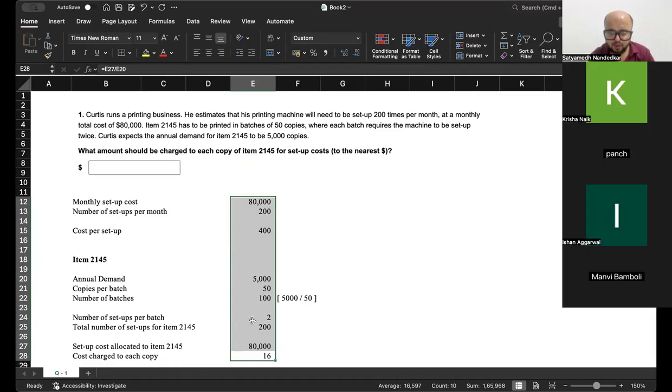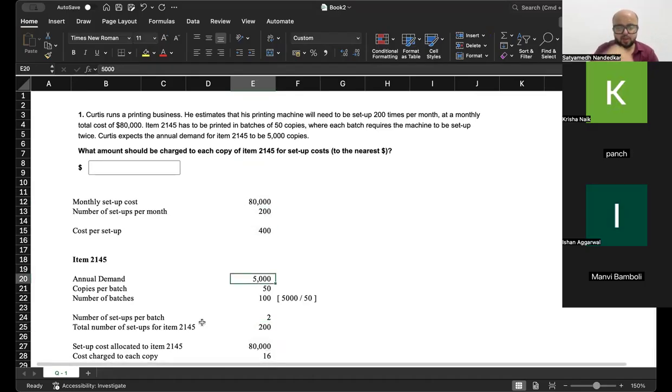And right here, you realize that the number of setups is 200. So you can straight away divide 80,000 by 5,000 and get 16. Because the cost allocated is the same as the total monthly setup cost. And that machine right now is only being used for one item, is what appears. But if you wish to go down the long drawn path, you can go down that path. It will ensure that you get your answer right.